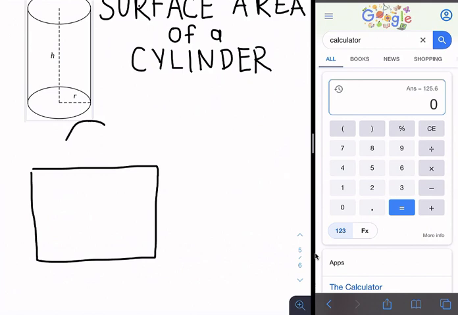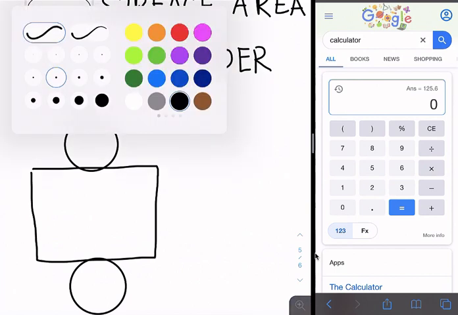Now, we'd have the top circle, and we'd have the exact same circle on the bottom. Now, mine is clearly not perfect, but that's okay.